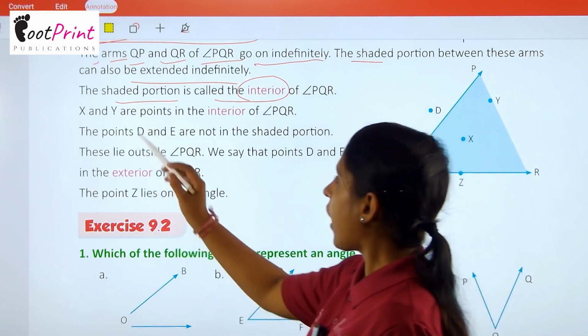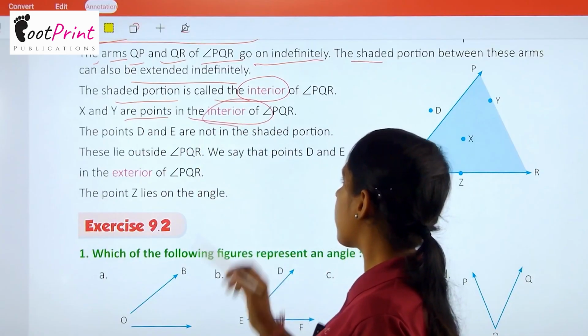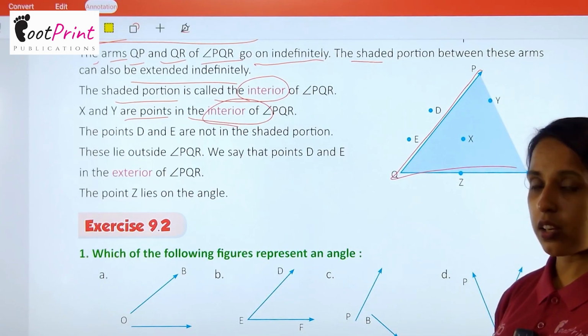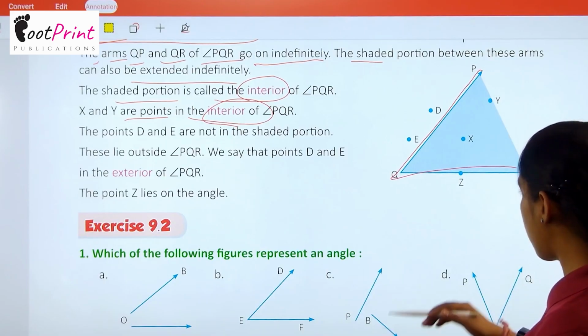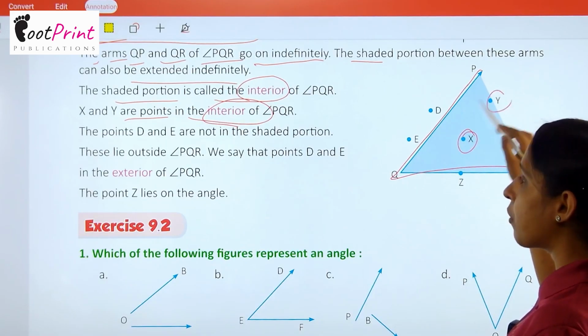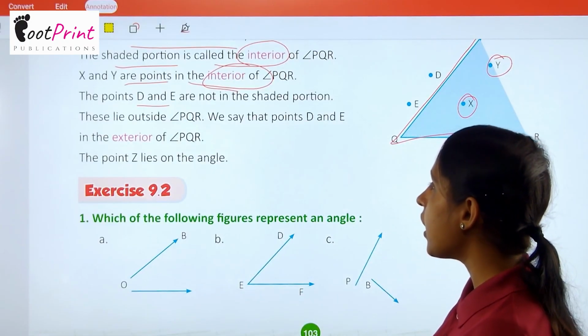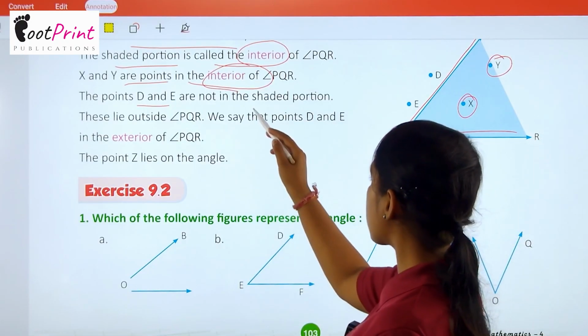And X and Y are points in the interior of angle PQR. If we ask which are the interior points of angle PQR, then point X and point Y. Next, the points D and E are not in the shaded portion.